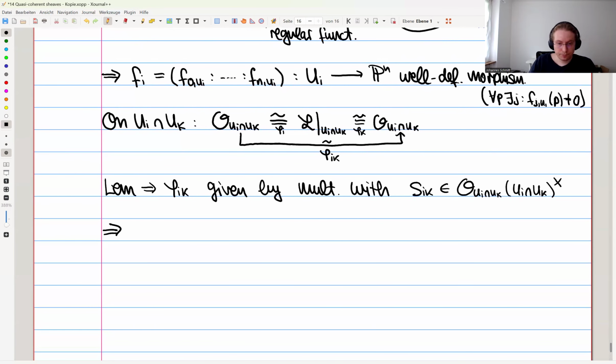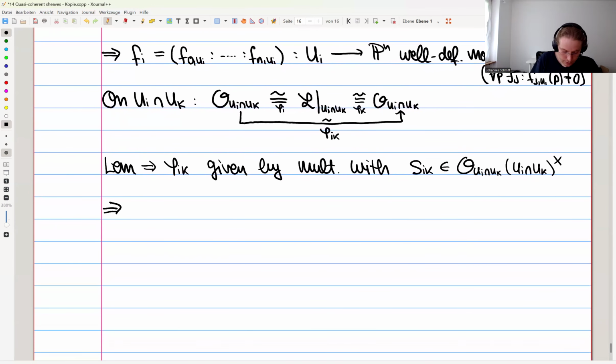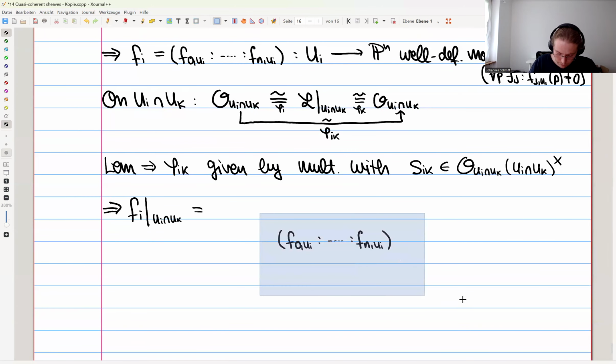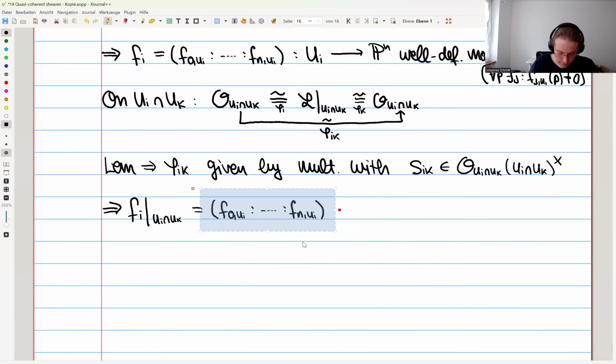And then now we just compare the two maps which we constructed. So the f_i on the U_i intersected U_k is given by, well, this stuff here. Just copy paste. I guess this was not faster than writing it again. Okay.